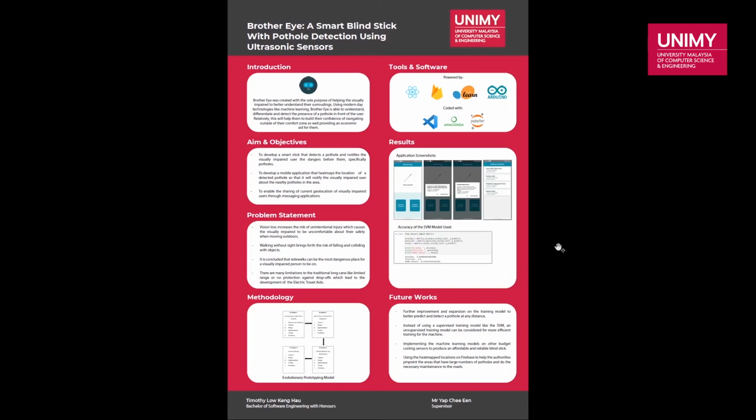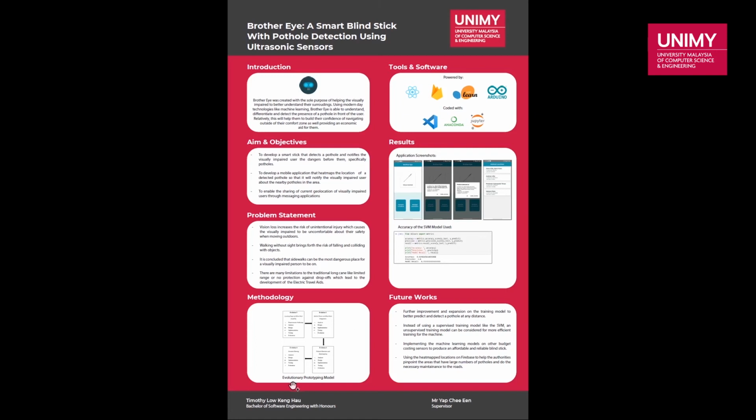The contents of this poster are made up of a short introduction of what Brother Eye is, its aim and objectives, which I spoke about earlier in the video, and the various problem statements that I try to solve with Brother Eye, and the methodology that I use throughout the whole developing phase of the Brother Eye project.